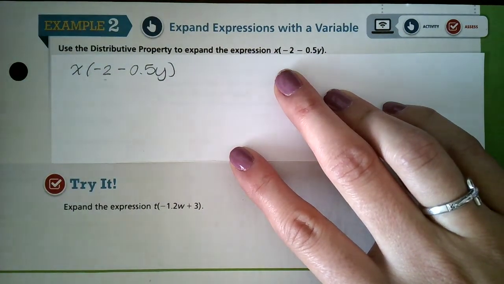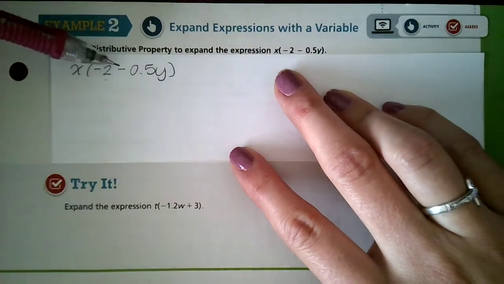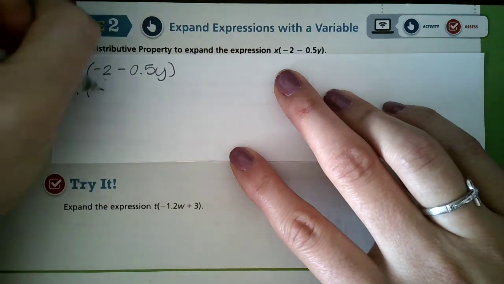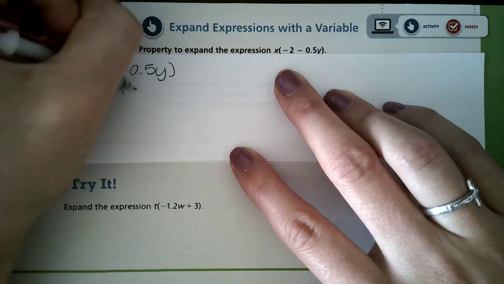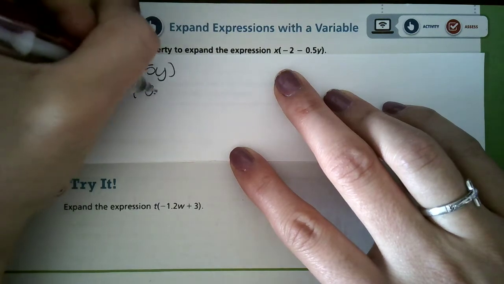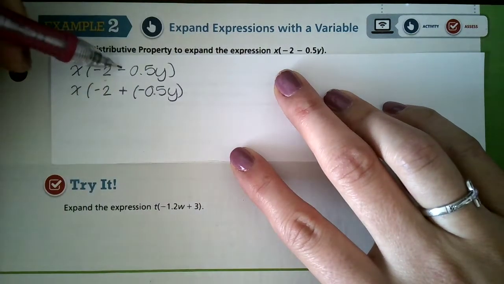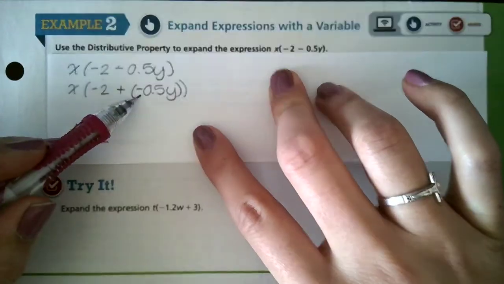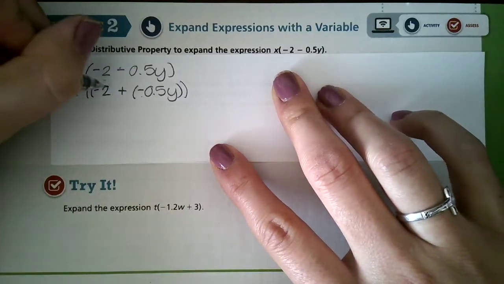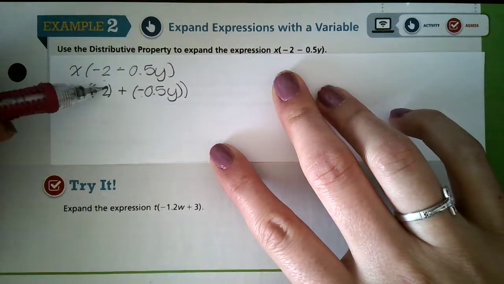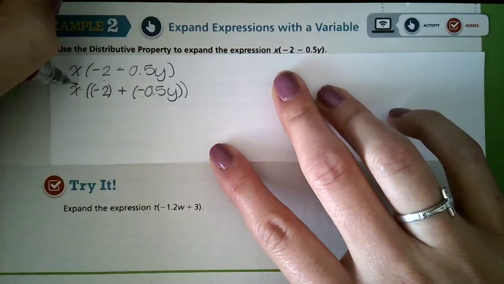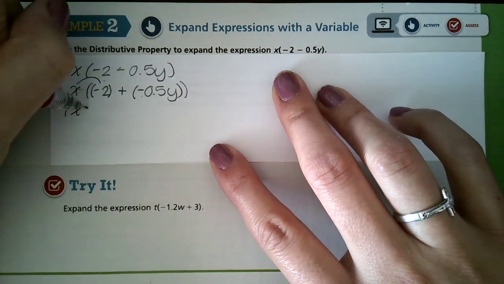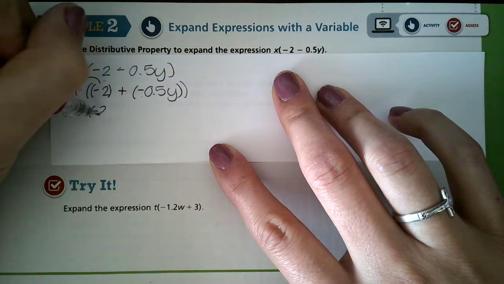But the process is exactly the same. Before I get started, though, I'm going to start by rewriting the subtraction as adding the negative. It just helps me keep track of my signs. So I'm going to write this as negative 1.5y. That negative belongs to the y. So I have to make sure to keep it all together. Okay, and we could say the same here. That negative belongs to the 2. So when I multiply x times my first term, I'm taking x times negative 2.